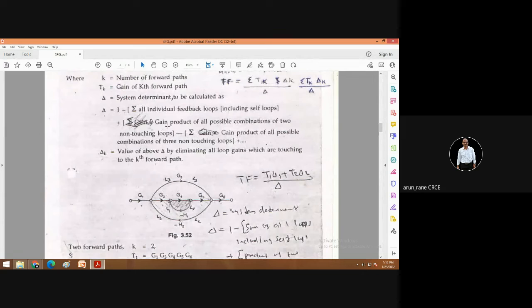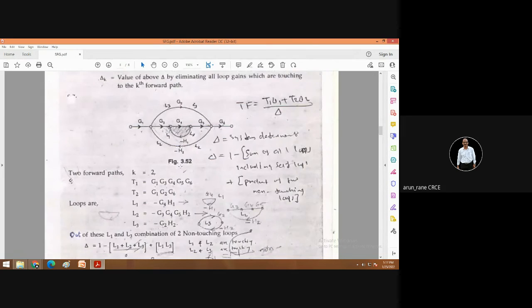Here, 1 minus the sum of all individual feedback loops, and it will include self loop also, plus the product of all possible combinations of two non-touching loops, minus the gain product of all possible combinations of three, like that it is.